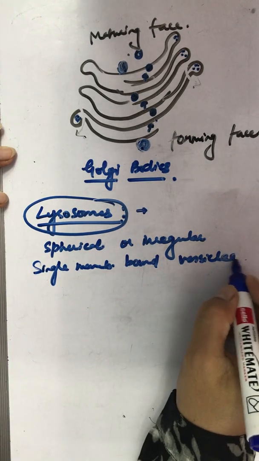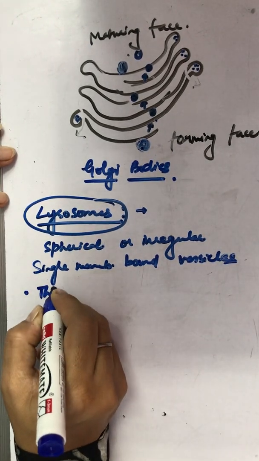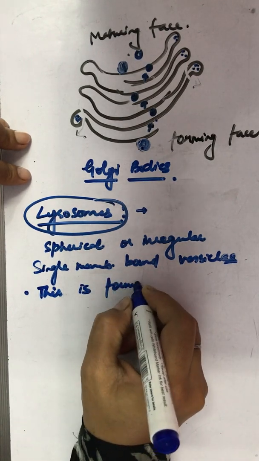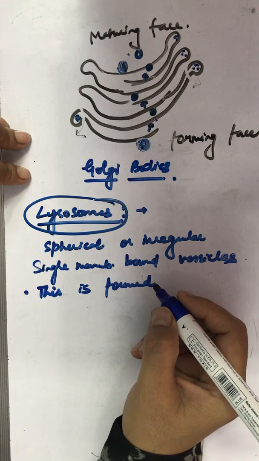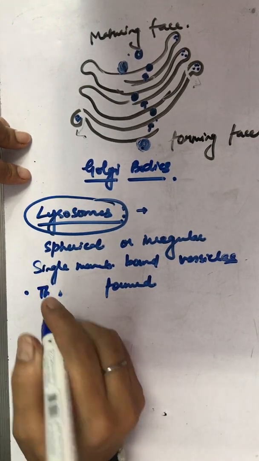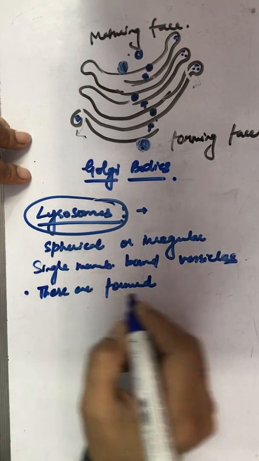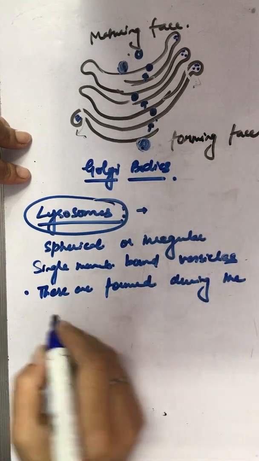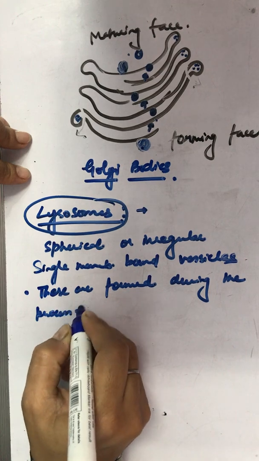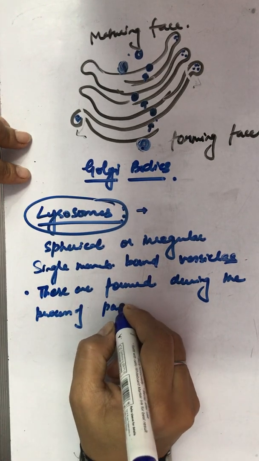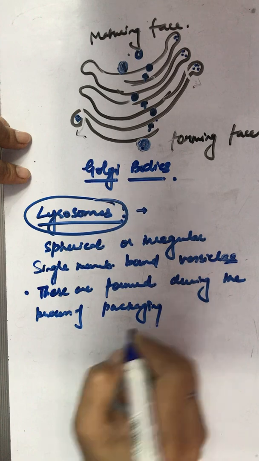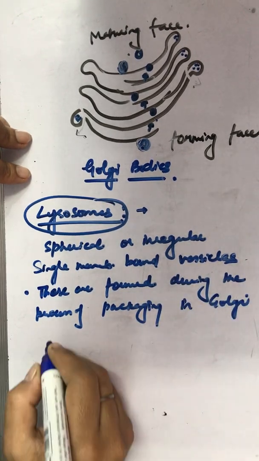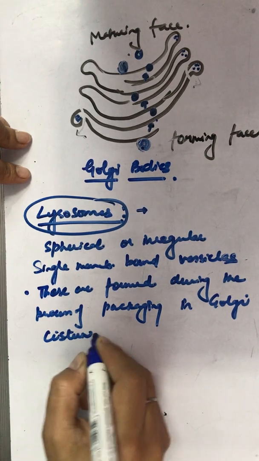This is generally formed during the process of packaging in the Golgi cisternae. These vesicles are formed during the process of packaging in Golgi cisternae.